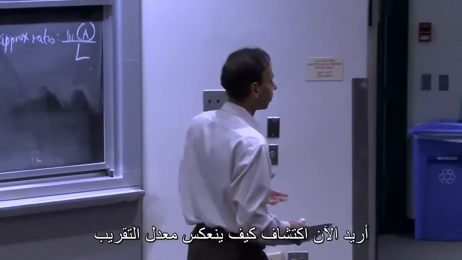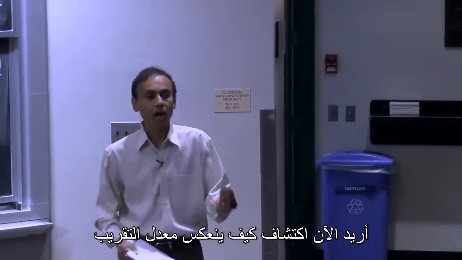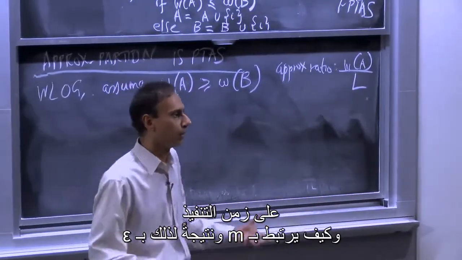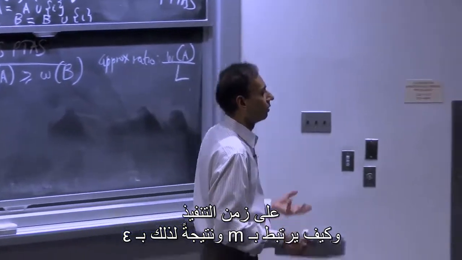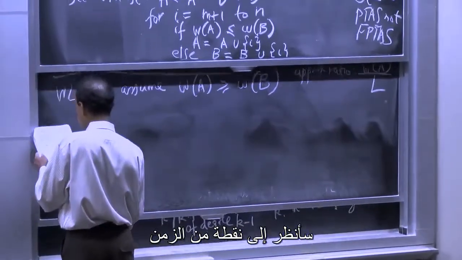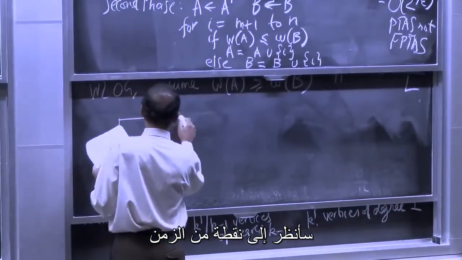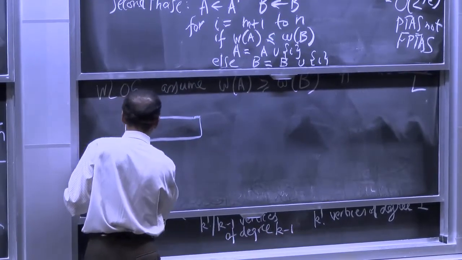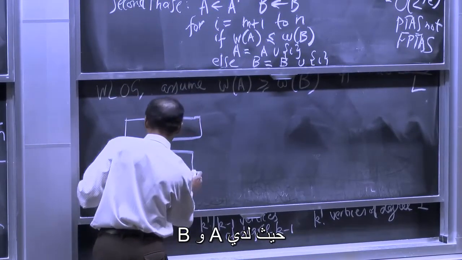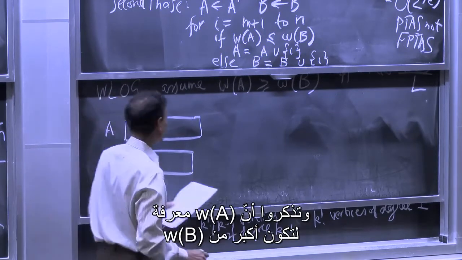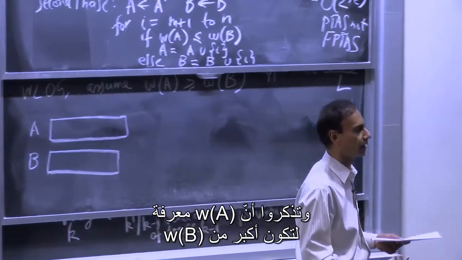So I need to now figure out how the approximation ratio reflects on the runtime and is related to m and therefore epsilon, all right? So what I'm going to do here is look at a point in time where I have A and B, and remember that WA is defined to be greater than WB.